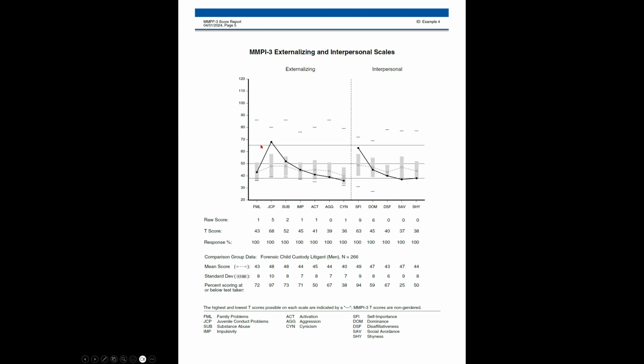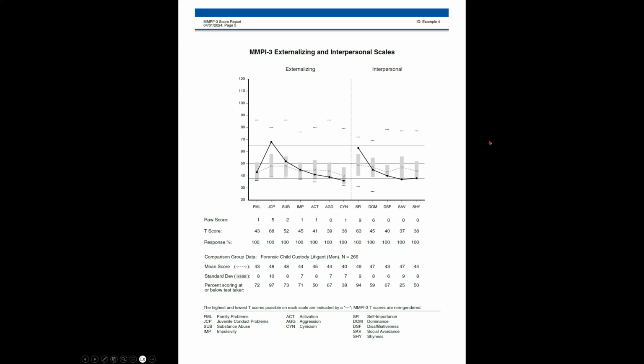Clinically elevated score on juvenile conduct problems, so he does acknowledge a history of juvenile misconduct, and approaching clinically significant elevation on the self-importance scale. This is a scale that at this level is associated with the possible presence of features of narcissism, narcissistic personality disorder.